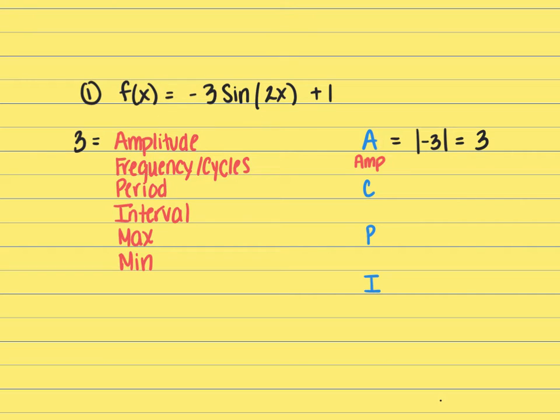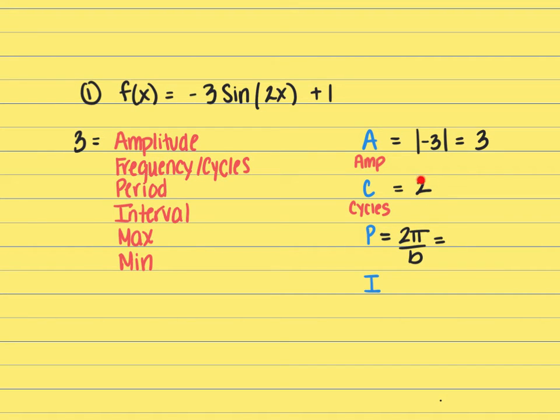Then the C stands for the number of cycles, the number of cycles between 0 and 2 pi. That can be found by the number next to the x, which here is 2. Period we defined in the previous slide as 2 pi over b, where b is the number of cycles.